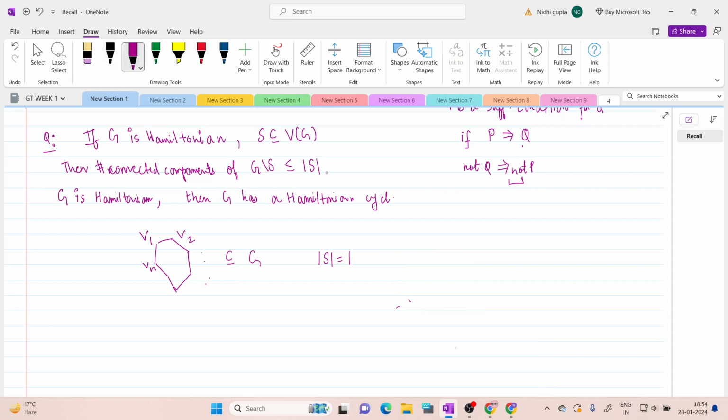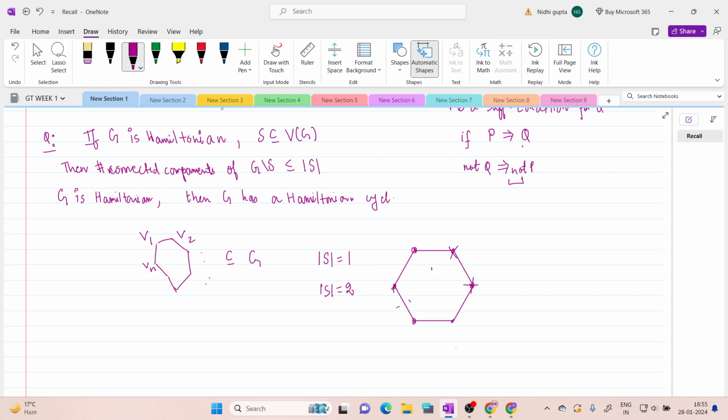Now for S equal to 2, if I remove two vertices from this cycle, there can be two cases. Suppose I am removing two adjacent vertices, then how many connected components are there?